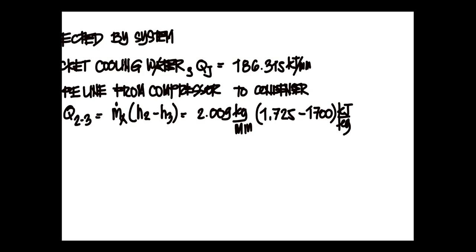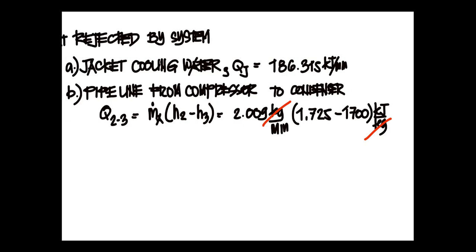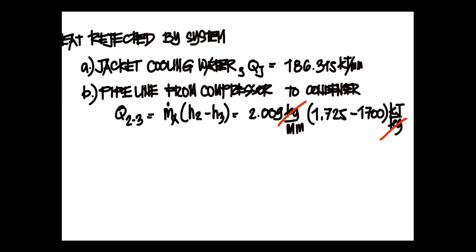So cancel out your common units here. Okay, so the value of your heat from pipeline from 2 to 3, or heat being rejected at that point, is equal to 50.225 kilojoule per minute for our units.